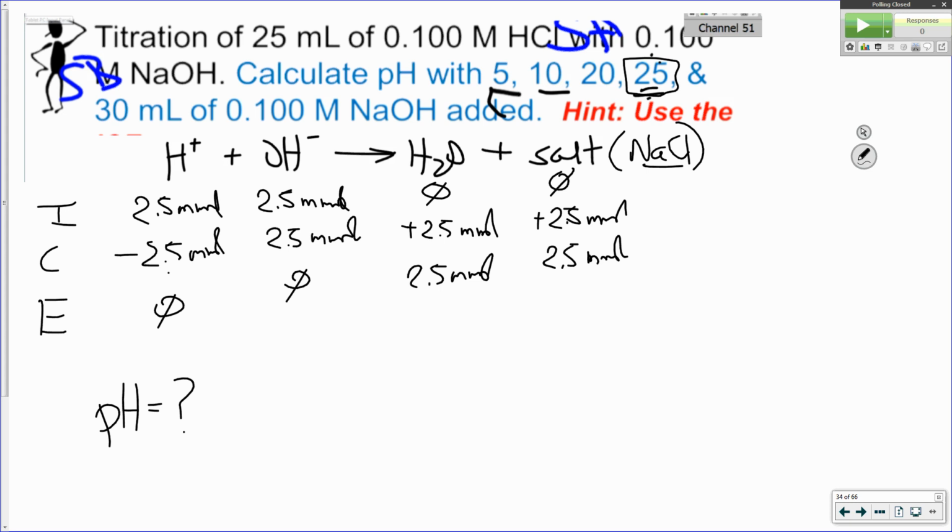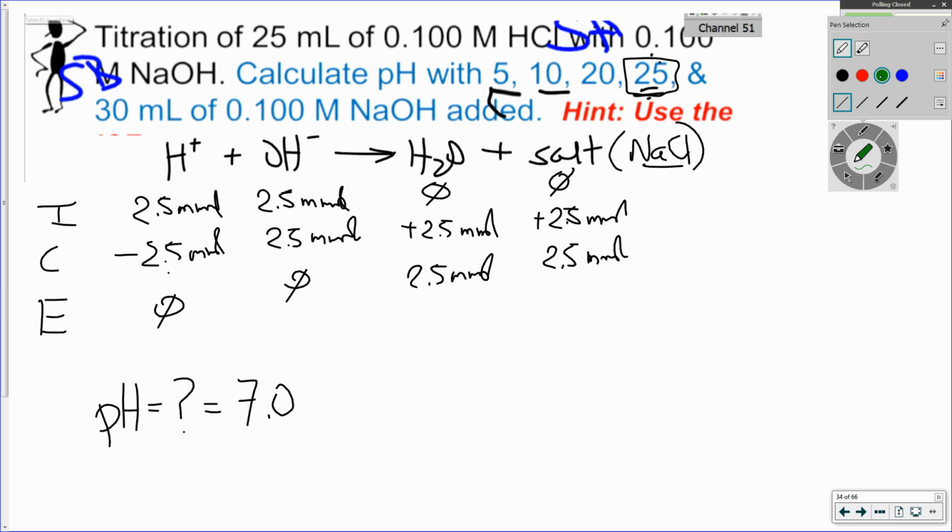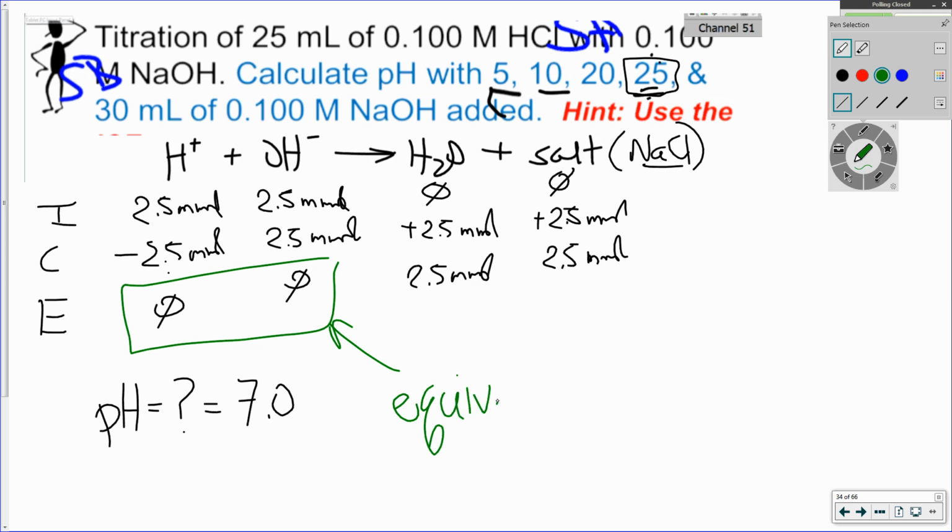It's a neutral salt, so the neutral salt doesn't contribute to pH. You just got water. So this would be the equivalence point, pH 7. So the key to this problem, if you've got conditions where these two things have canceled each other out or consumed each other, that's the definition of the equivalence point.